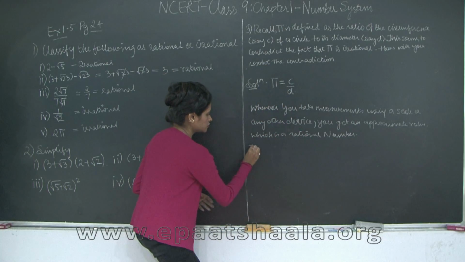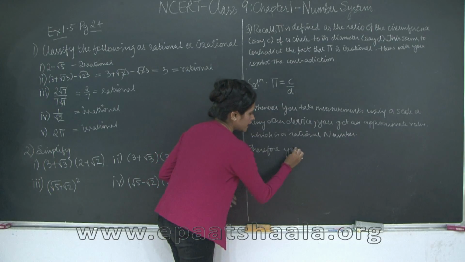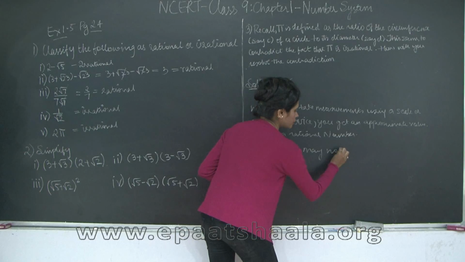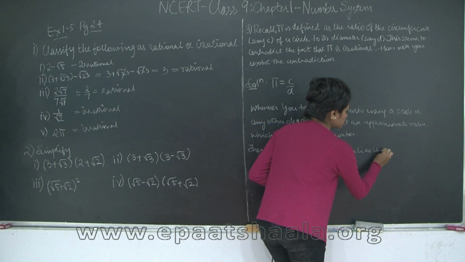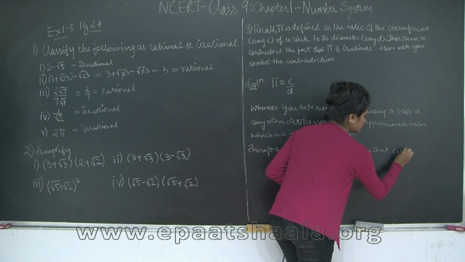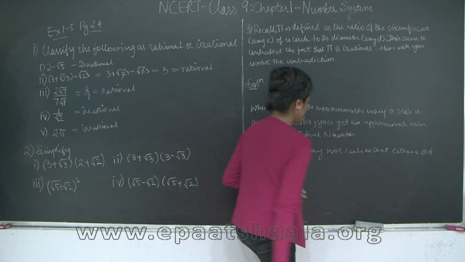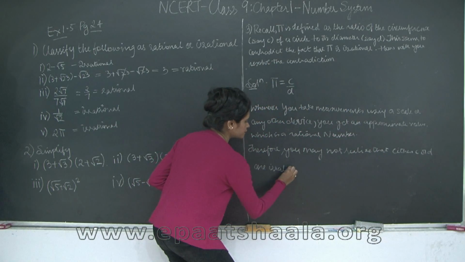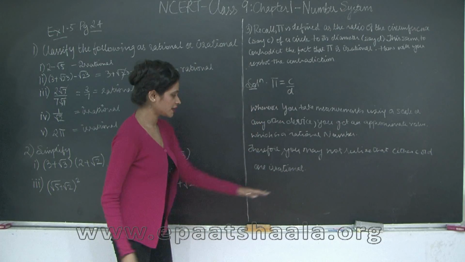Therefore, you may not realize that either C or D are irrational. So you might never know that C or D are irrational.